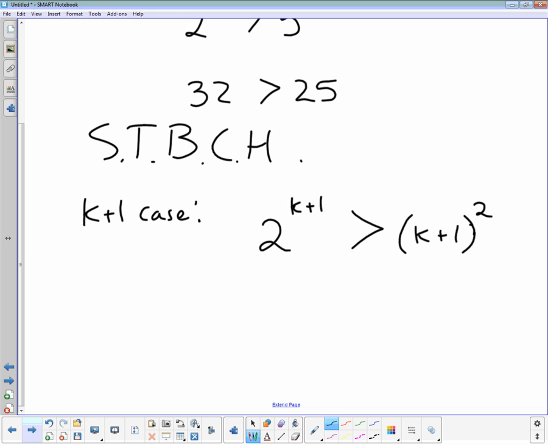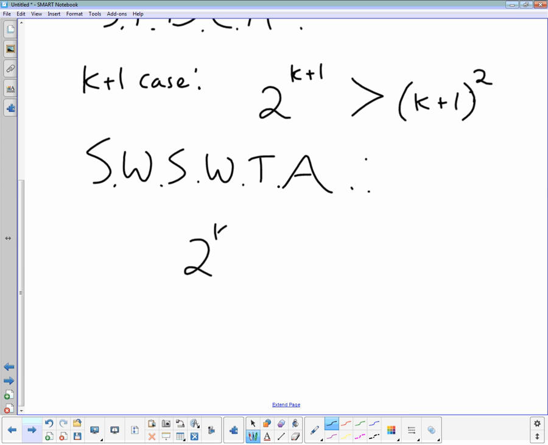Okay, so we start with the assumption. So now, here's where pixie dust comes in, and you need to turn this into that and this into that.